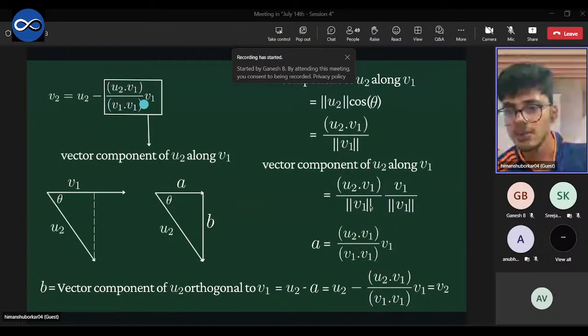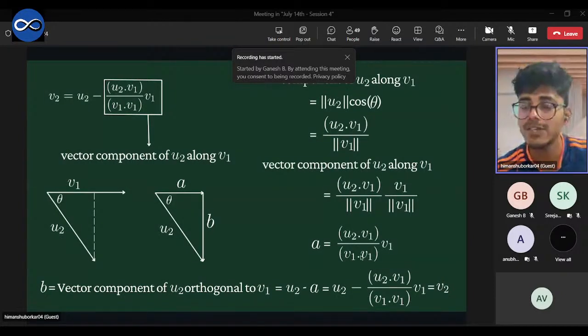That in turn gives us U2 dot V1 by V1 dot V1, because multiplication of norm with itself is equivalent to the dot product of V1 with itself.